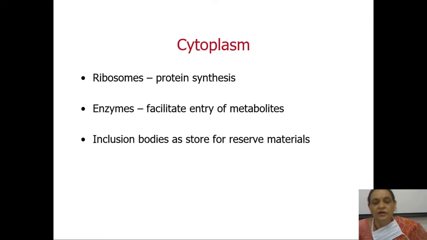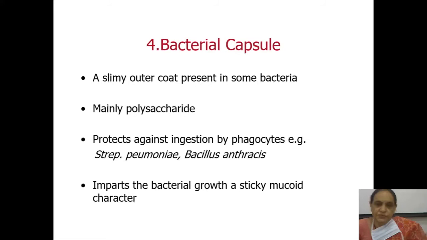So then capsule. The capsule is what we are interested in. Again, for bacteria, the capsule is important because it gives it a cover. It also prevents a lot of antibiotics. It prevents the antibodies from coming and attacking. So it has a relevance for us. It's a slimy outer coat present in some bacteria, mainly polysaccharide.